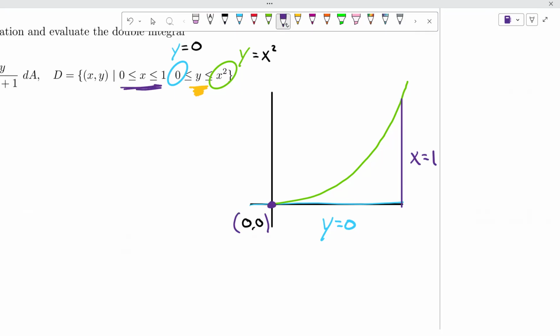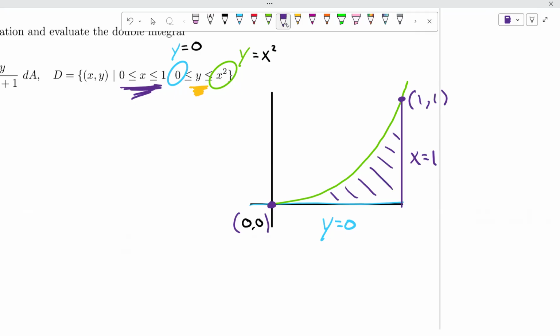Keep in mind that I know x is in between 0 and 1. And then also the point that's up there at 1, 1, since 1 squared will also be 1. My region then should be that guy right in there.